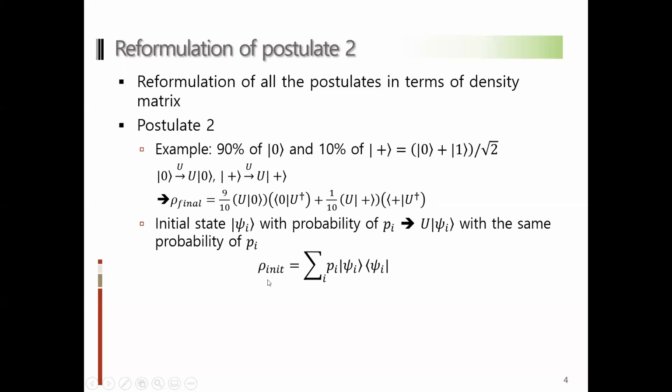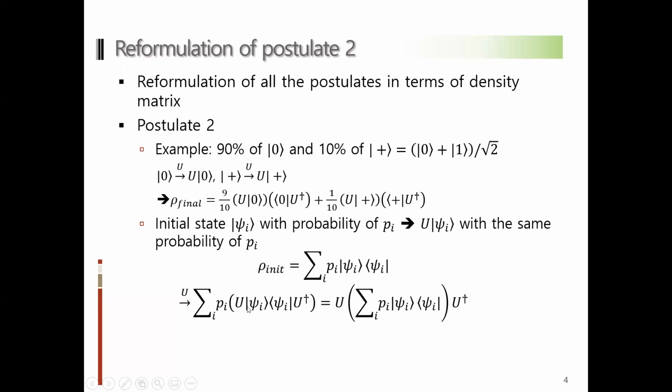So if we write down the density matrix of the initial state in this way, which is the simple definition of the density matrix, then each of these pure states will evolve by following this expression. And because the probability won't be changed, the density matrix of the final state will still follow this expression.